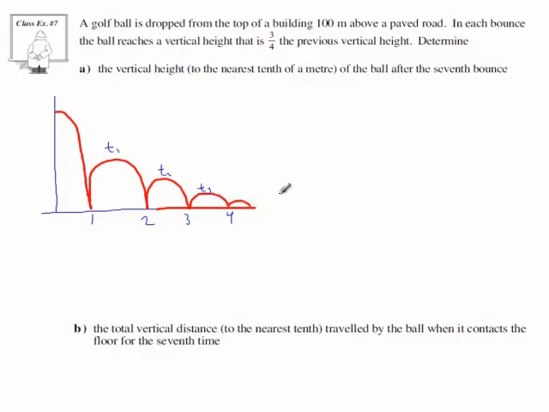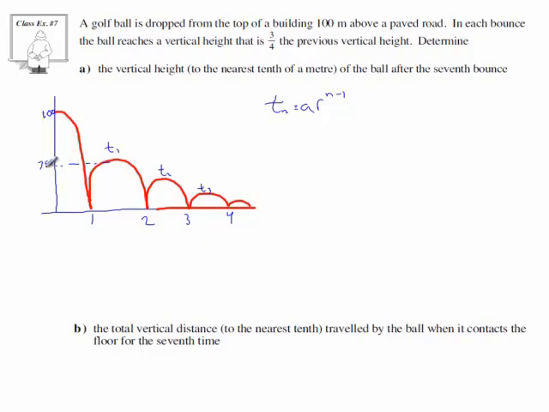Okay, so in my situation, I want to find the value of T7. So this is just your original equation, Tn equals ar^(n-1). My a is going to be my first term. So if this is 100, this will be my height of T1, 75% of 100.